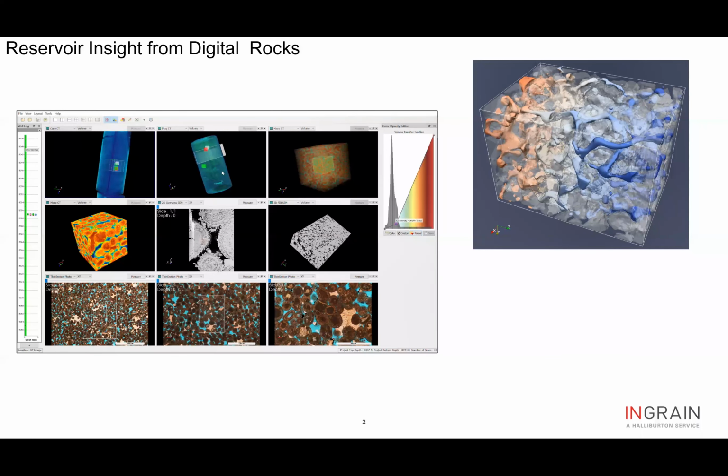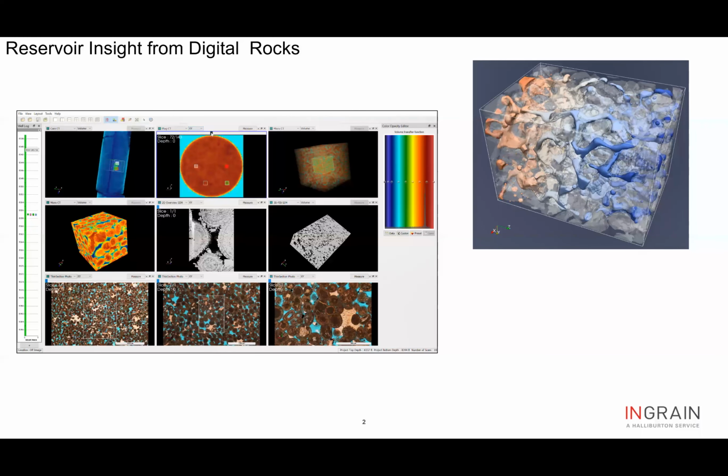For a geologist, if he wants to see how the grains and the pores are disposed within the rock and what kind of cementing materials are there, all this information is now at his fingertips, and he can extract it very quantitatively from this digital rock analysis. So it's not just pretty pictures or good animations, but actually quantitative data that you can incorporate into your workflow.